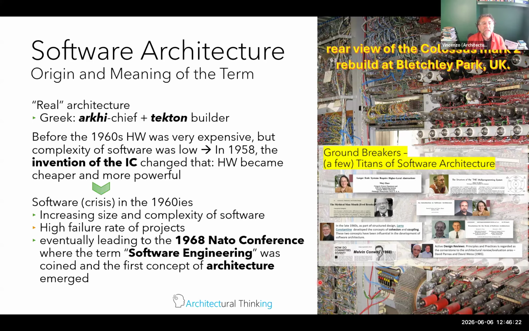But in 1958, when the integrated circuit was invented, that changed everything in a way, because hardware became cheaper, more powerful, and eventually pretty much a commodity, although it isn't a commodity. And that meant that the software side of the equation started to become bigger and more complex. And with more complexity came higher failure rates.